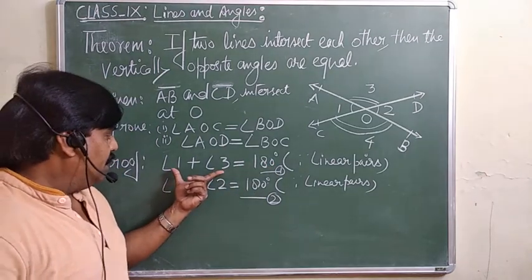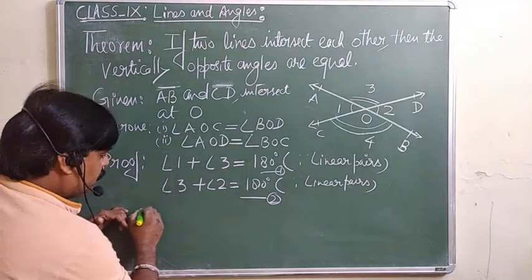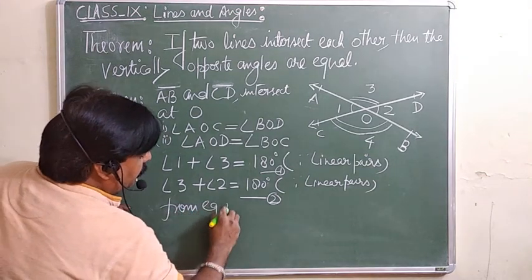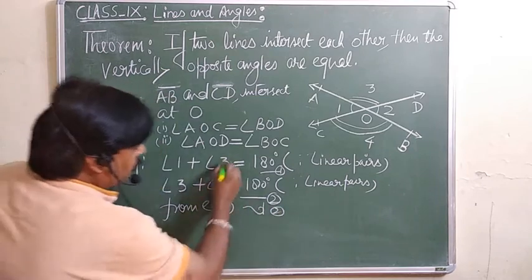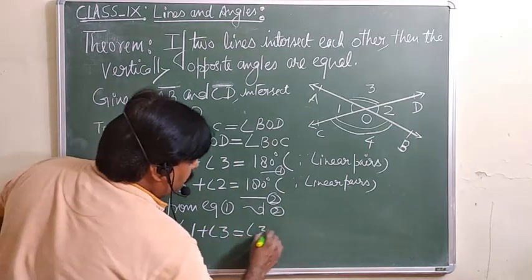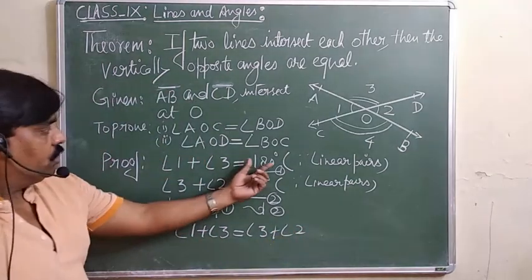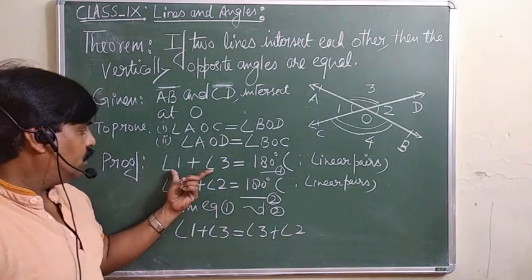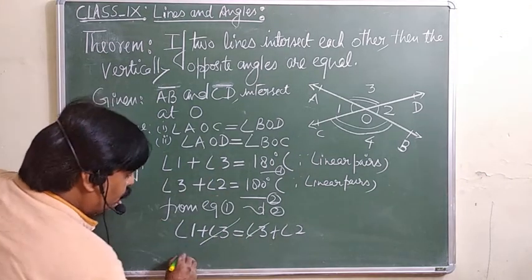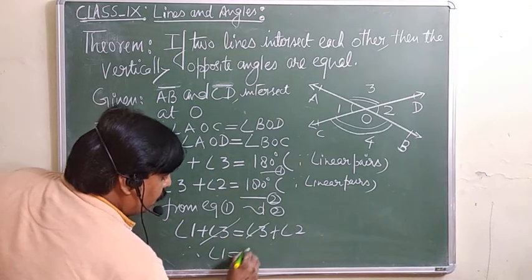Therefore, from equations 1 and 2, angle 1 plus angle 3 is equal to angle 3 plus angle 2, because this is equal to 180 and this is also equal to 180. Angle 3 and angle 3 cancel, so therefore you get angle 1 is equal to angle 2.